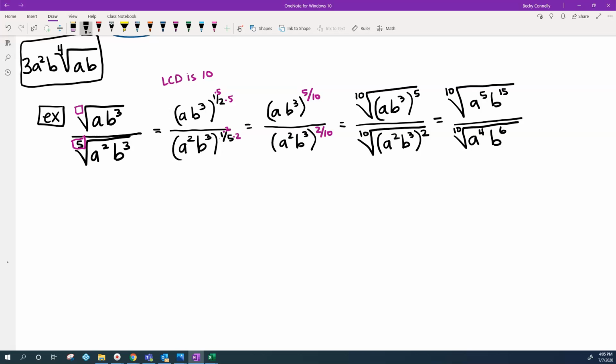Click the hand raise button if you were able to get there. Okay, looks like quite a few of you did. And if you didn't, hopefully you see what you need to do to get there. And I know I kind of went quick, so I'm not expecting you guys to be done with this one by any means. But anybody have an idea of what they would do at this point to finish simplifying this?